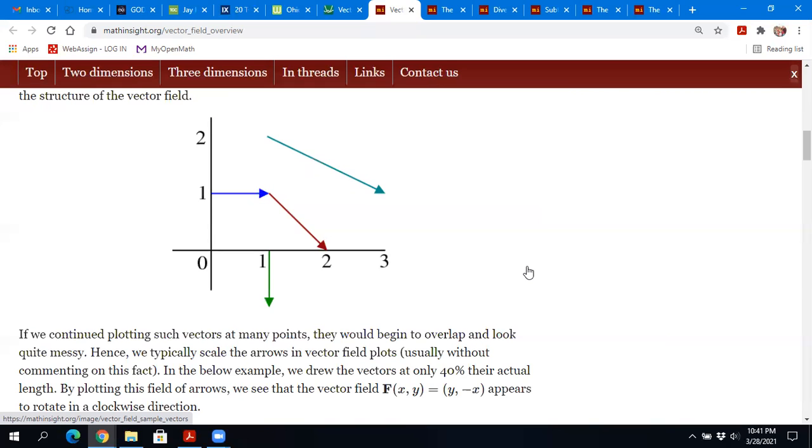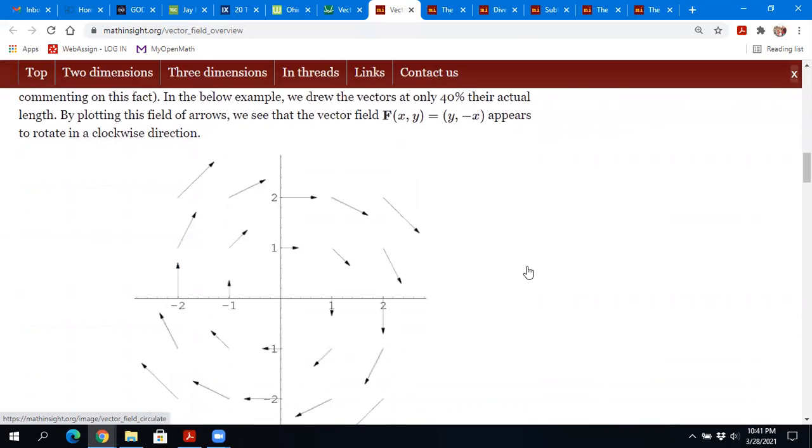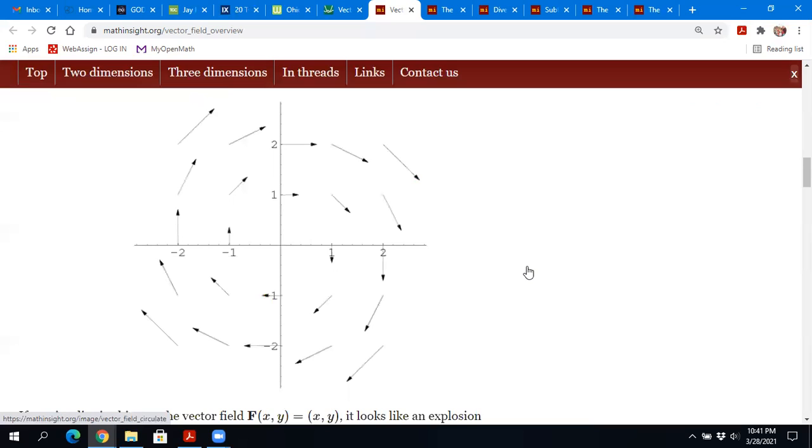And a lot of times you'll even scale the vectors back. You still want to keep the relative lengths the same, but in this next picture they've drawn the vectors at about 40% of their original lengths, just so that you can see several of them. And then you get a picture that looks kind of like this, this little two-dimensional vector field. The vectors themselves have been reduced in length by 40%, but no big deal.